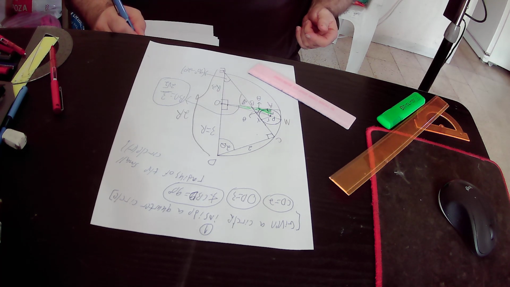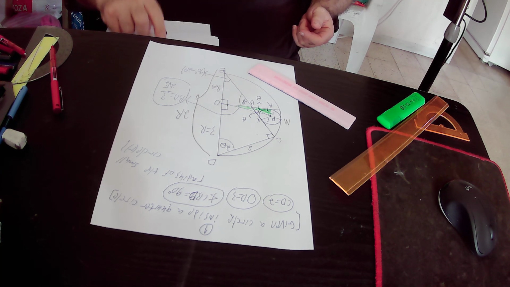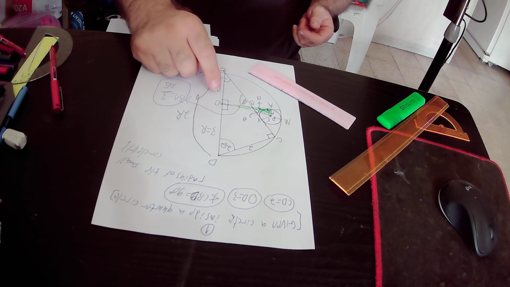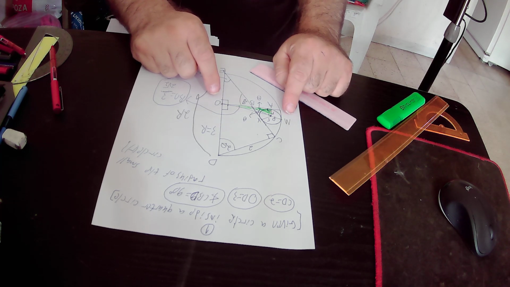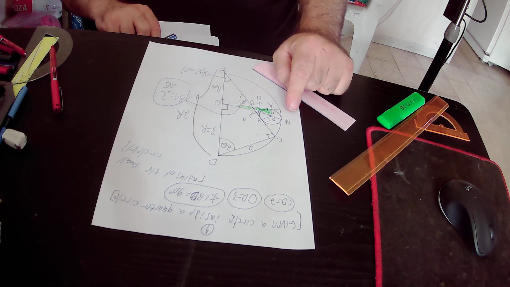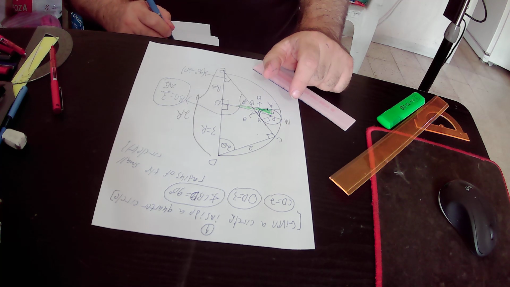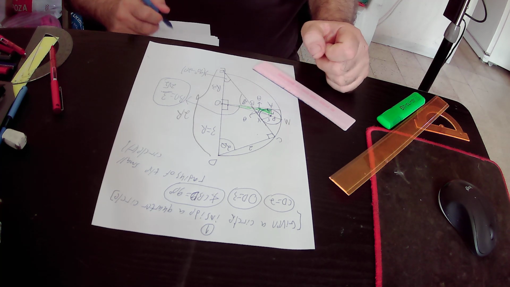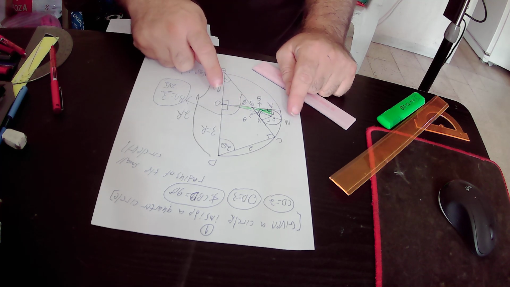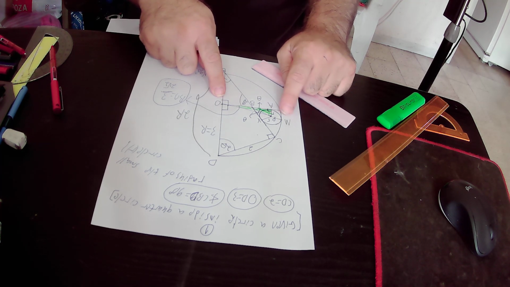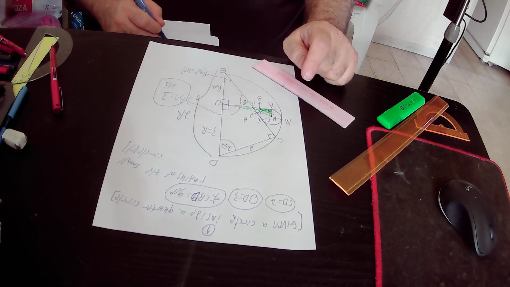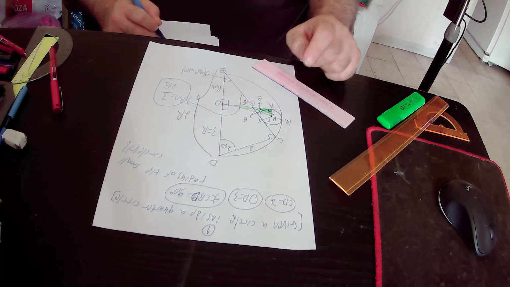OM is actually the radius of the big circle, that is to say capital R, because it exits from the center of the big circle, point O, and touches the big circle at point M. And what is the size of OP? OP equals OM minus MP. Okay.